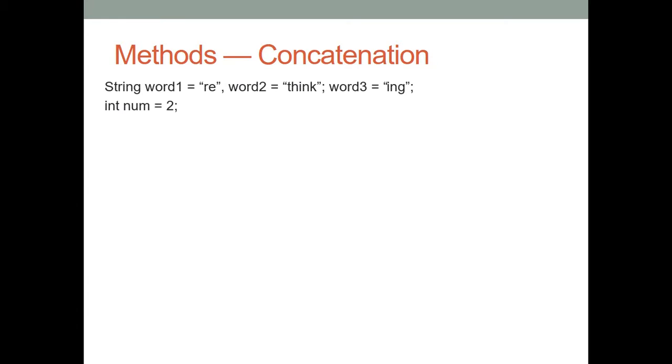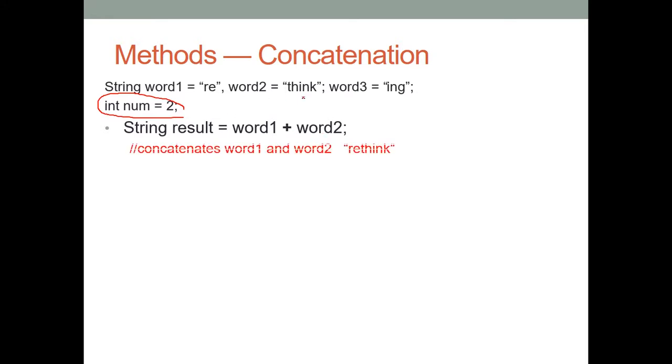Okay, concatenation, it means that you have to join strings, that is called concatenation. For example, a string word1 equal to re, word2 equal to think, and word3 equal to ing. So you have 3 strings, and you have one number called num. Okay, next a string result equal to word1 plus word2, it will give you re plus think.